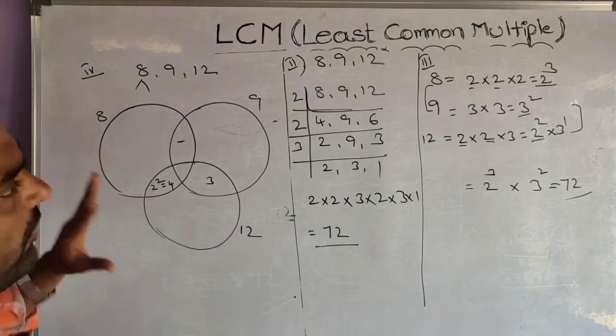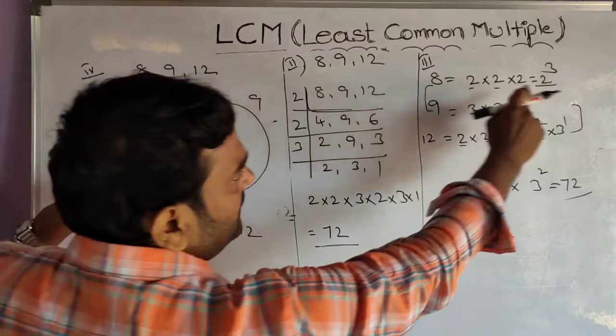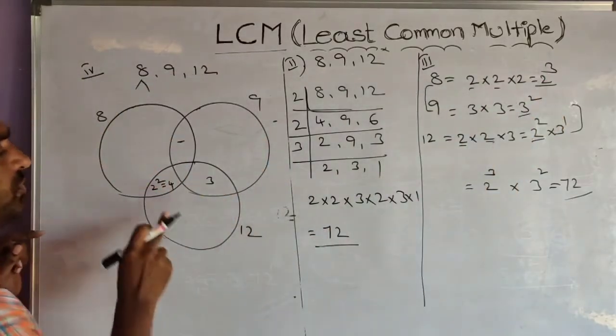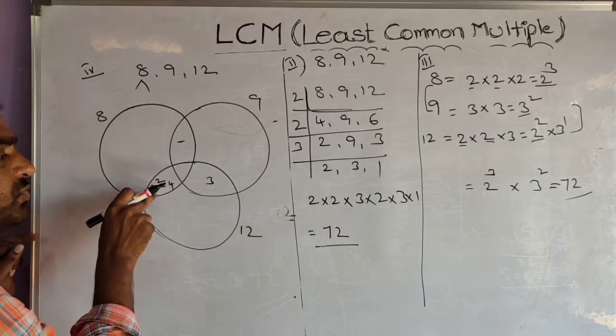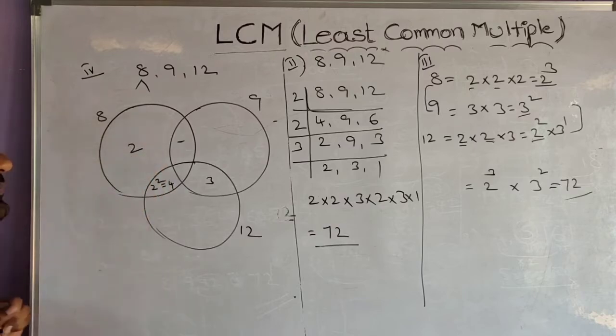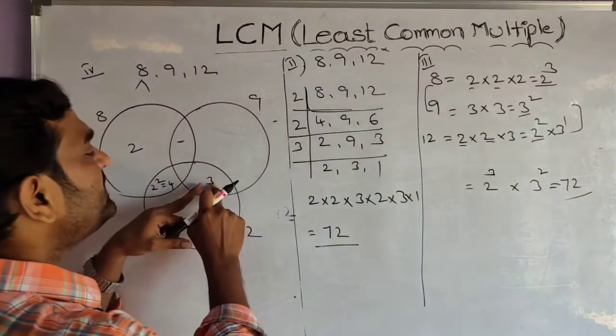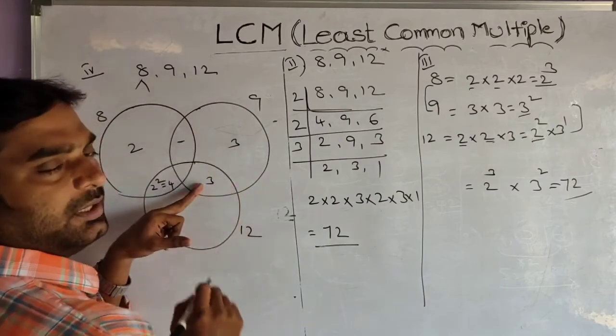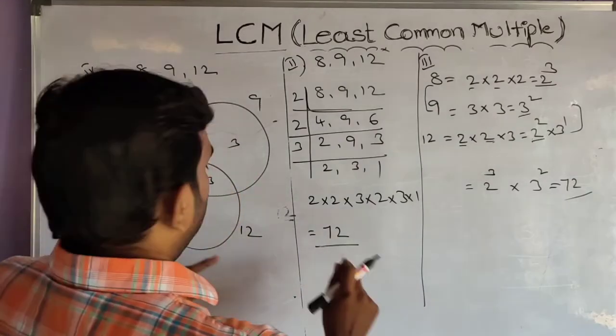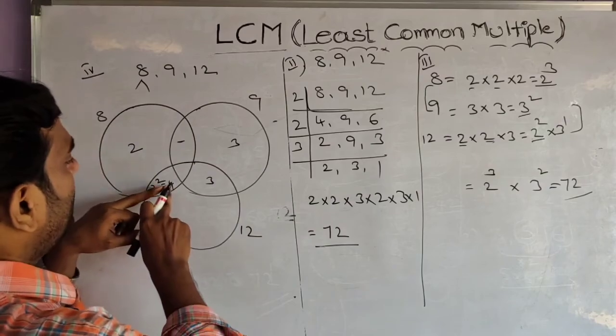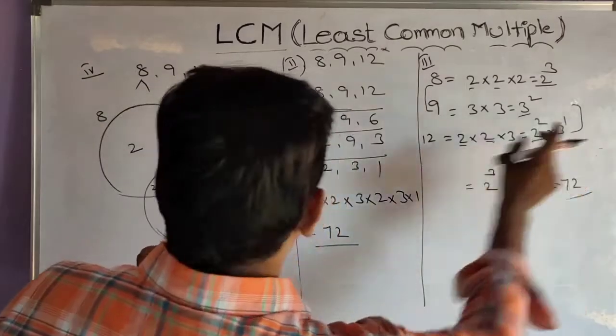Okay. Now listen. For 8, factors are 2 cube, 2 into 2 into 2. But I wrote here 2 square. 1, 2 is remaining. For 9, 3 into 3, 1, 3 is written here. Another 3 remaining. For 12, 2 square, 4, 3.